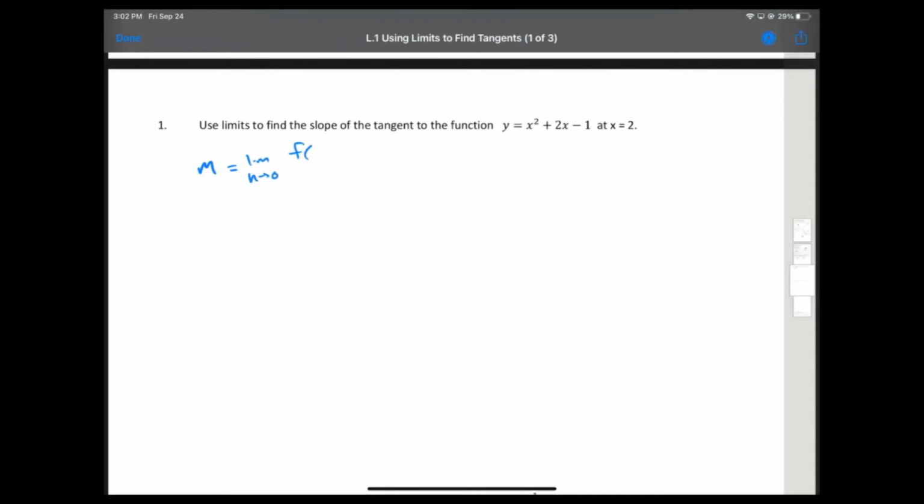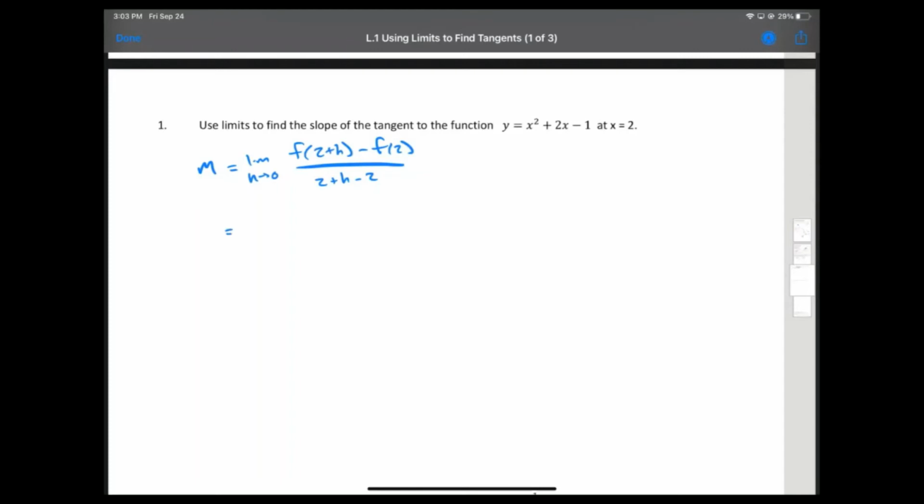So we're looking for f at 2 plus h minus f at 2 over 2 plus h minus 2, which is just h. And I could have automatically jumped to that because that's what the formula is. But just in case you're wondering where that h on the bottom comes from, it's not magical. It's just a plus h minus a.